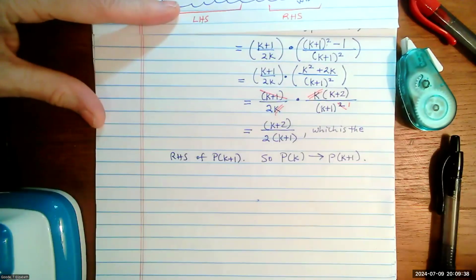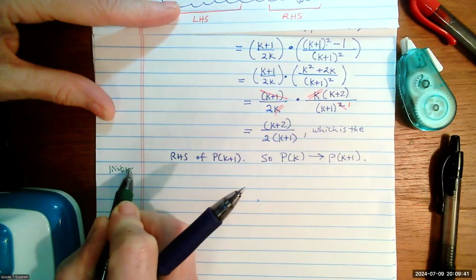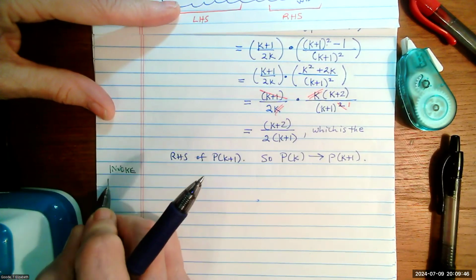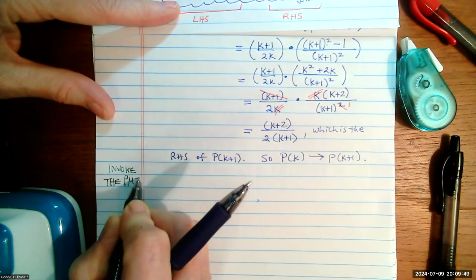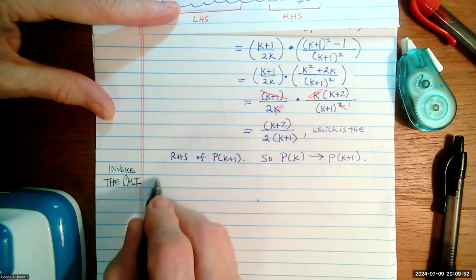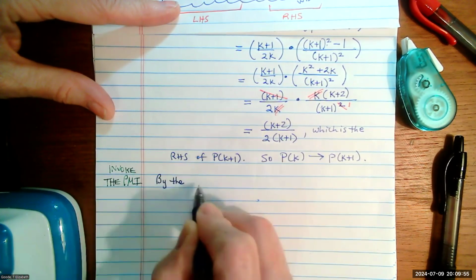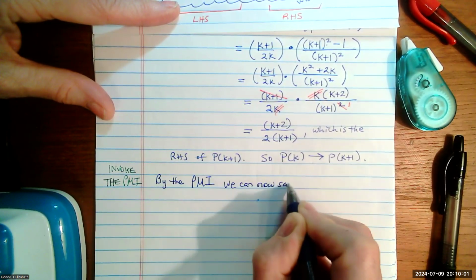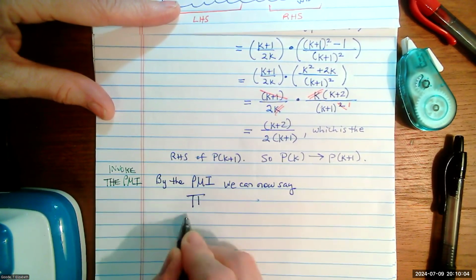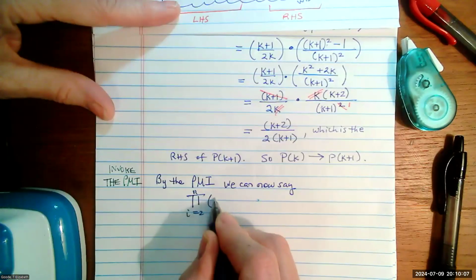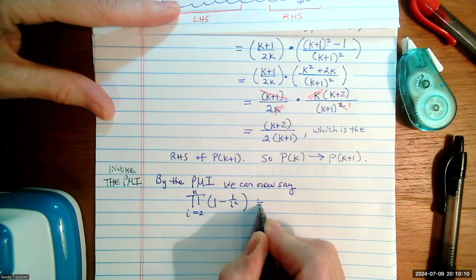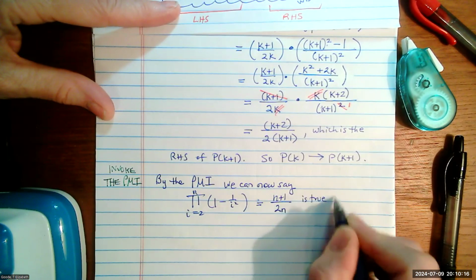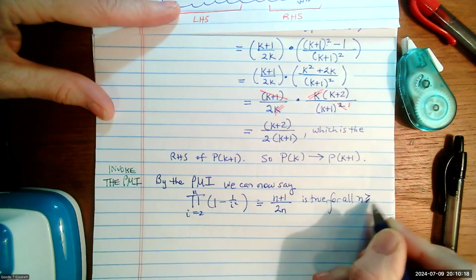All right, and now don't forget the last step. I know we say it's the basis step and it's the inductive step, but then we should say it's the PMI step, because there is one more thing we have to do to nail this, and that is to invoke the PMI. We just say by the principle of mathematical induction. You can just say by the PMI. We can now say that this product from i equals 2 to n of 1 minus 1 over i squared is equal to n plus 1 over 2n is true for all n greater than or equal to 2.